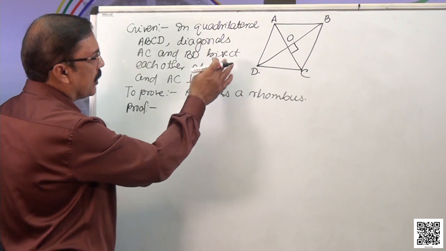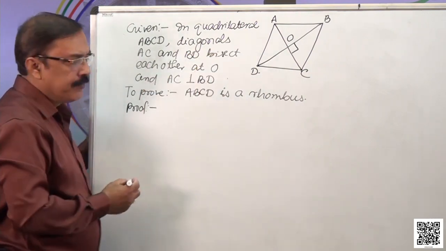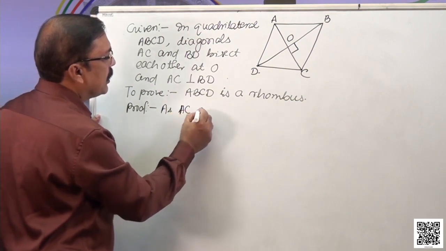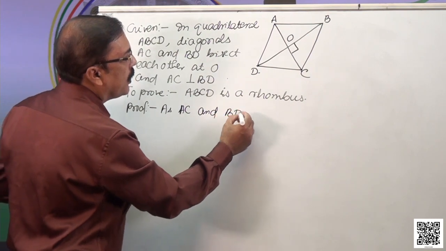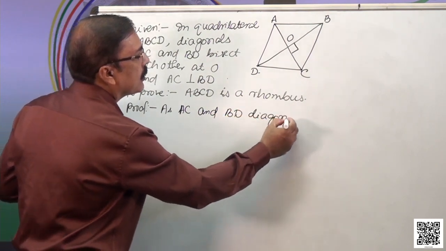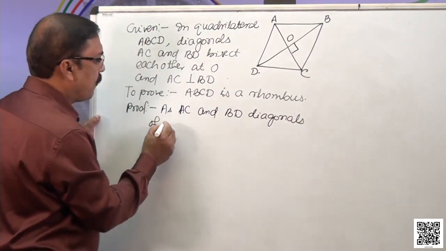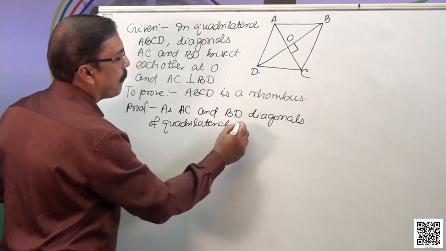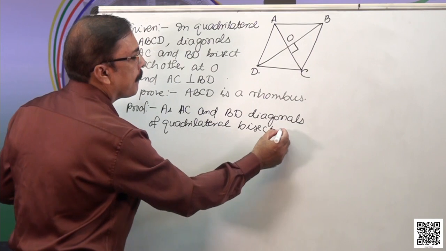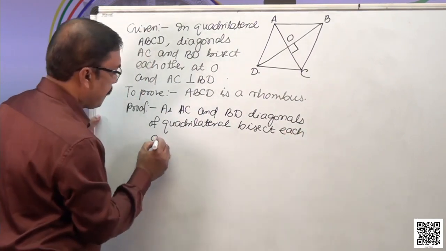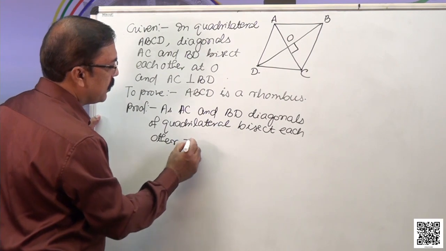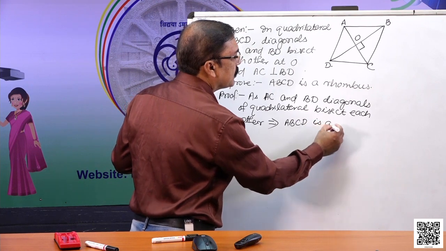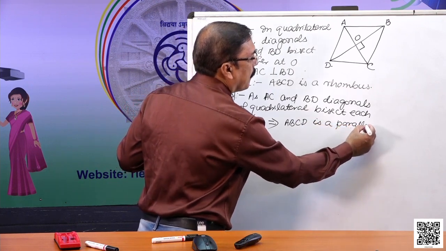It is given that the diagonals bisect each other. So, as AC and BD diagonals of the quadrilateral bisect each other, this implies ABCD is a parallelogram.